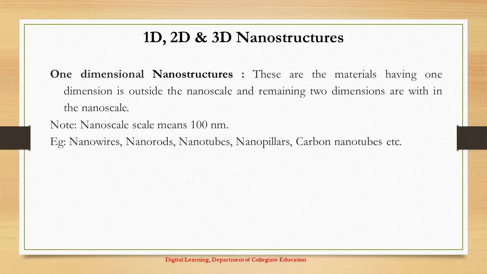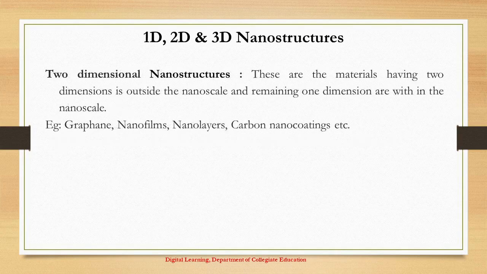Just imagine wires, rods, tubes: lengthwise they are long, but the other two dimensions are in the nanoscale. Next, two-dimensional nanostructures. Two-dimensional nanostructures are the materials having two dimensions outside the nanoscale and the remaining one dimension within the nanoscale.